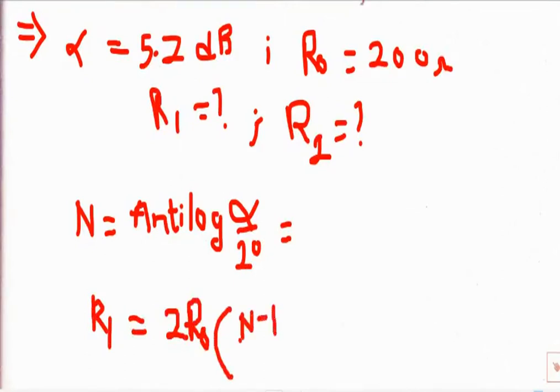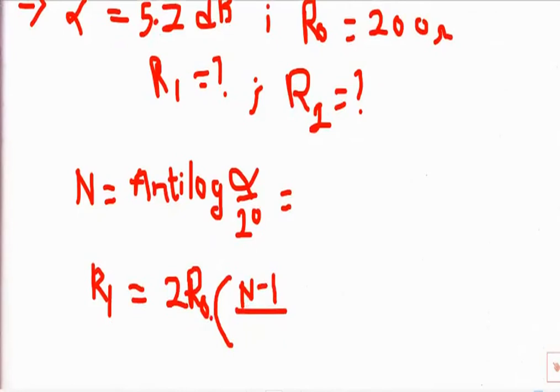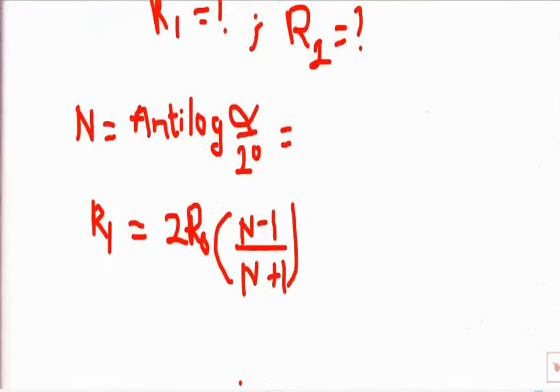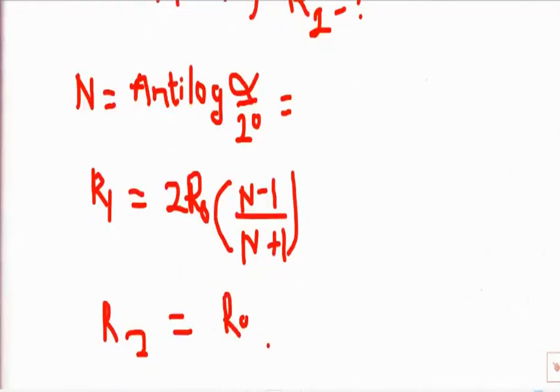Series arm impedance is 2R0 into (n minus 1) upon (n plus 1). R2 is R0 times 2n upon n square minus 1.